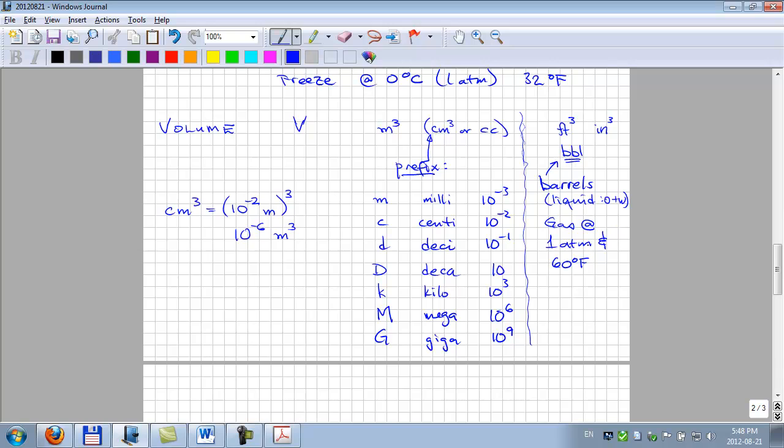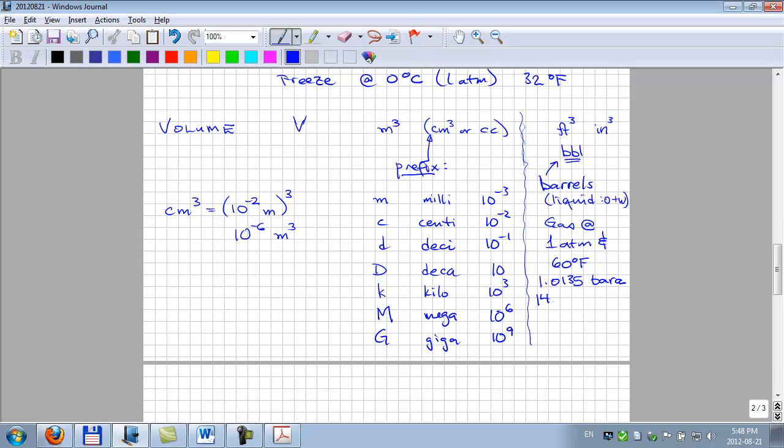Now Petrobras in Brazil uses 20 degrees C as a standard temperature, but for most of the world, at least in the SPE, the official definition of standard conditions is 1 atmosphere and 60 degrees Fahrenheit, which is 1.0135 bar absolute.